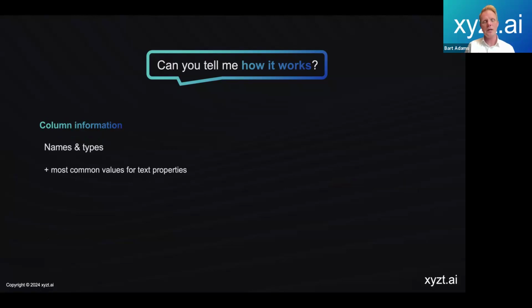There's one exception. If the data type of a column is a text property, like for example, the flag of a ship, then we also send the most common values that we see in the data to the AI model. In that way, it can also reason about the values that different properties can take.